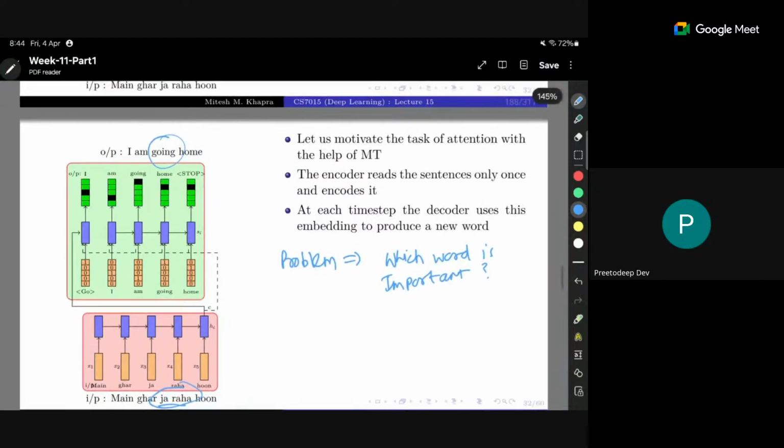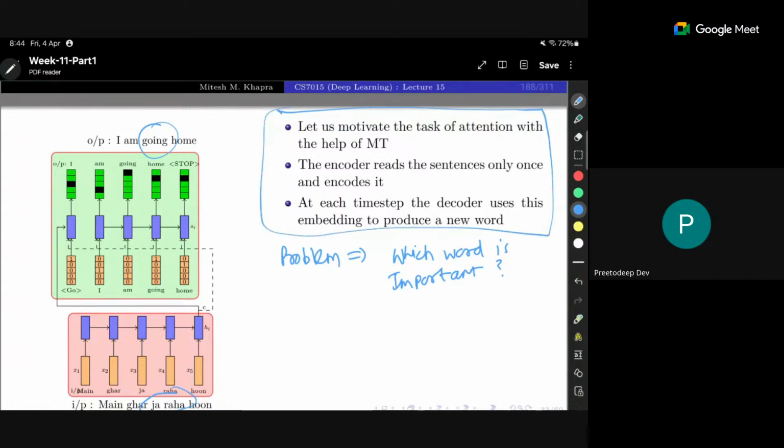And sometimes what happens: if I tell you to translate these three sentences written here into your native language, whatever you choose, you can try. I'll give you maybe one minute. Okay.